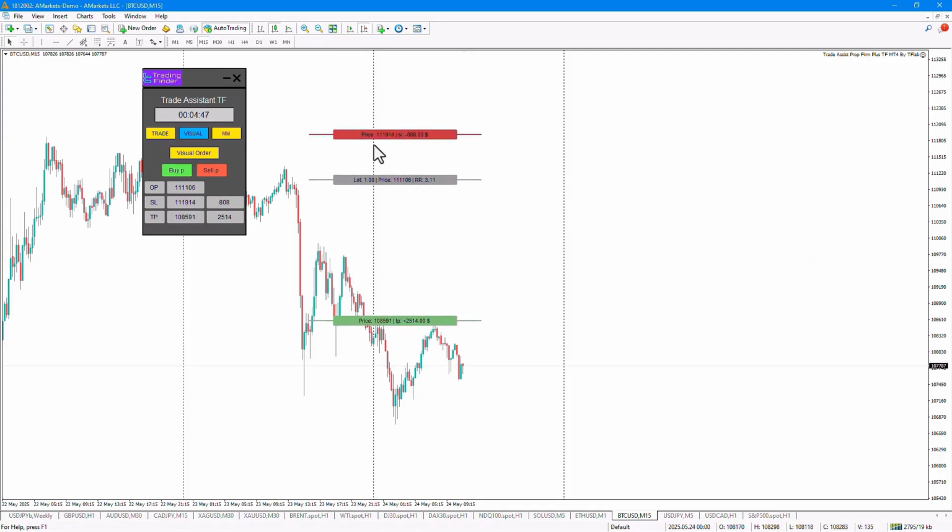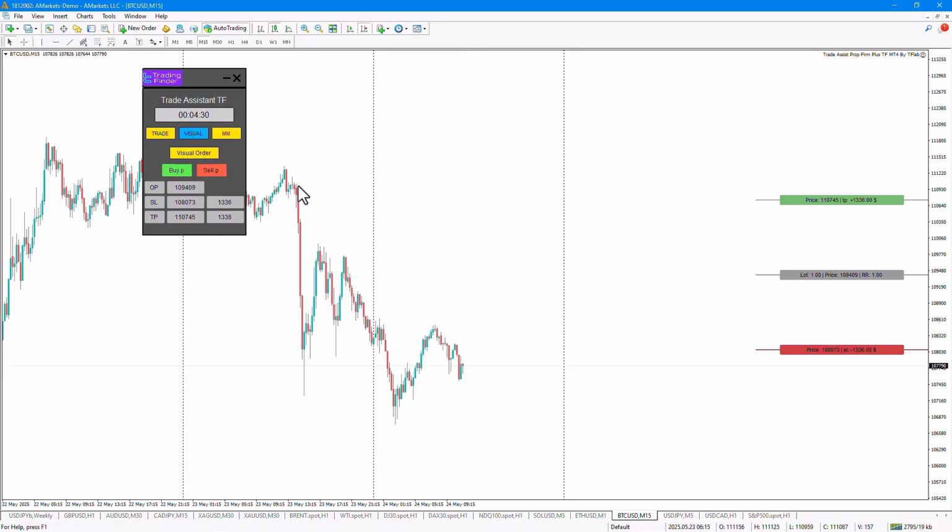If my stop loss is above the entry point and the take profit is below it, I need to place a sell pending order. If I select buy pending, the visual mode will be disabled for me, and it won't set the pending order.